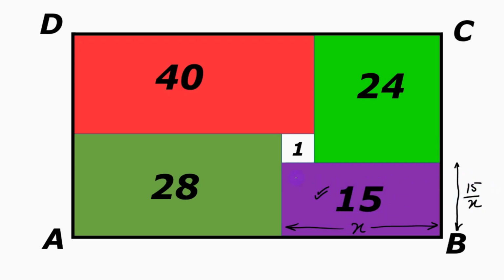Now, this is a square with an area of 1, which simply implies that each of its sides is 1 unit.